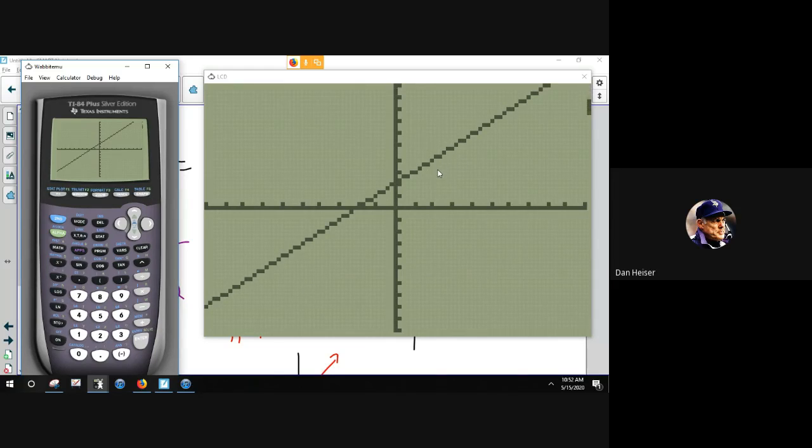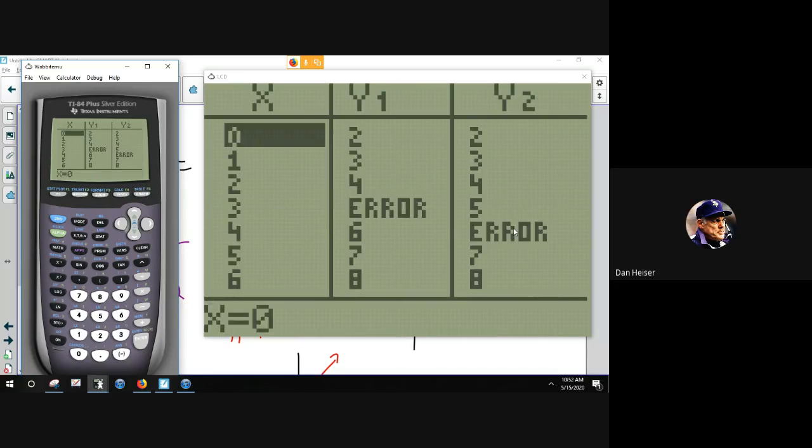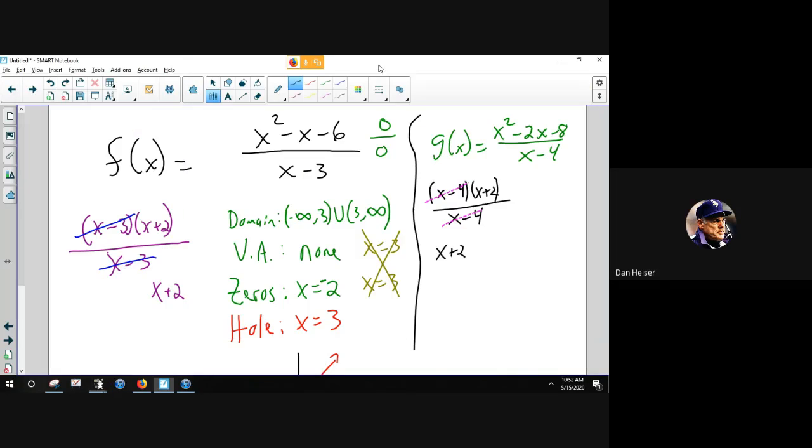But again, we have to tell ourselves there's a hole there. When we graph it, there's a hole there. When we write its domain, 4 can't work. The domain of g of x: negative infinity to 4, union 4 to infinity.